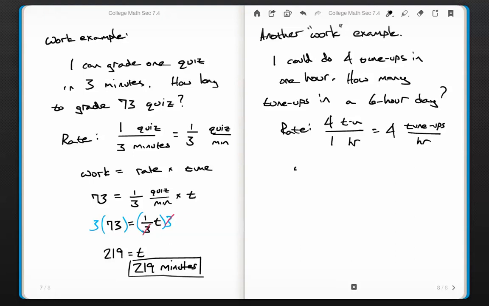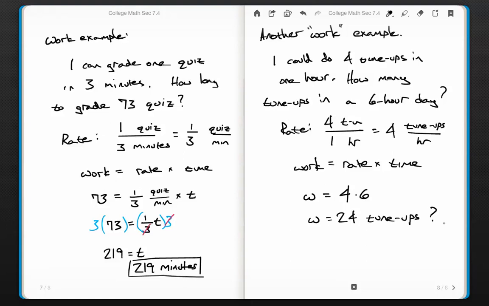And again, I know work equals rate times time. So let's see, the work I don't know, so W equals rate, which is 4, times time, which is 6. So W equals 24 tune-ups.